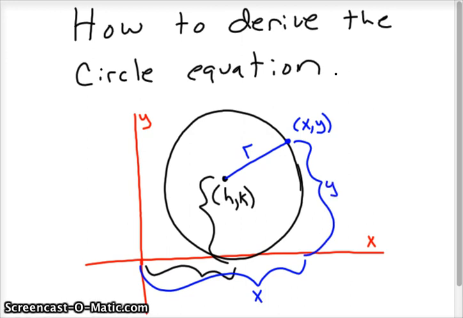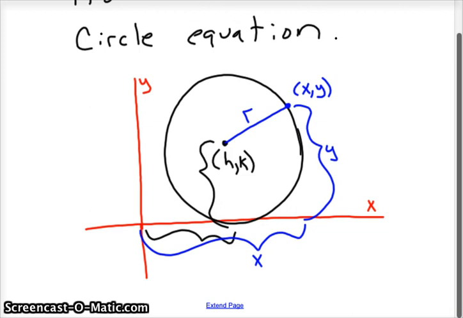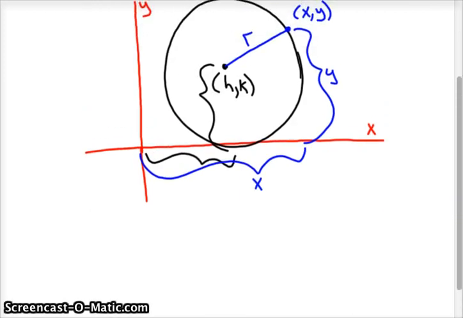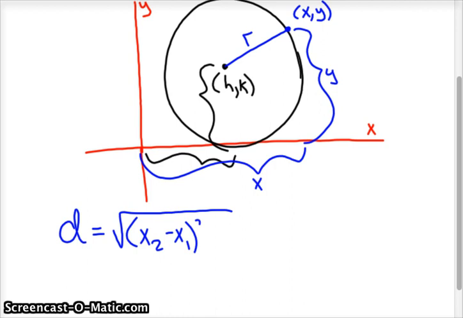Okay, so with that in mind, and we know the distance formula is derived from the Pythagorean theorem. Let's use the distance formula on that to find the radius. The distance formula is the square root of (x2 minus x1) squared plus (y2 minus y1) squared.